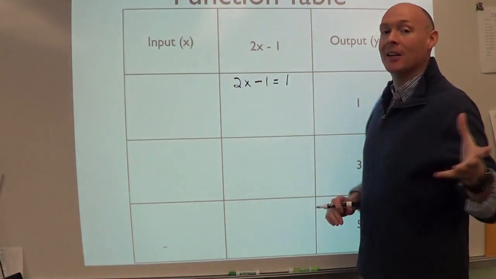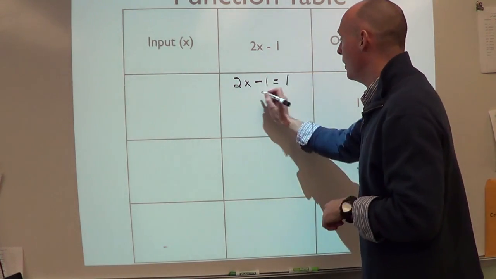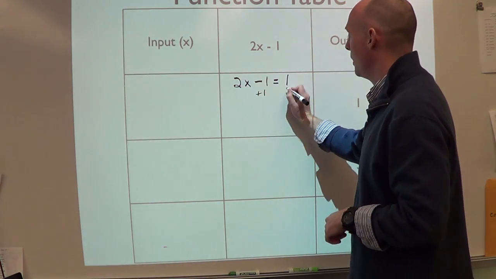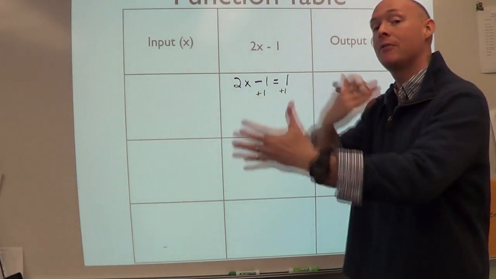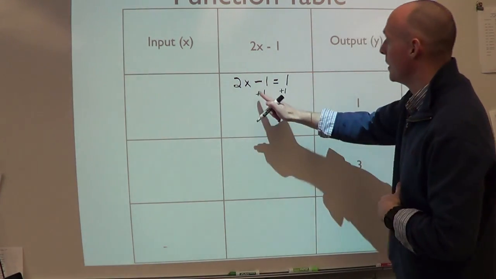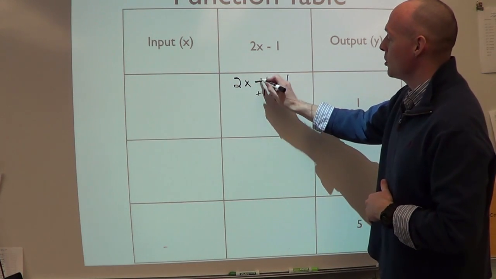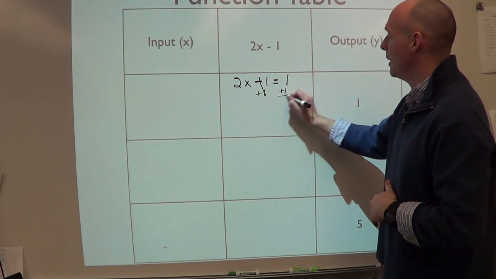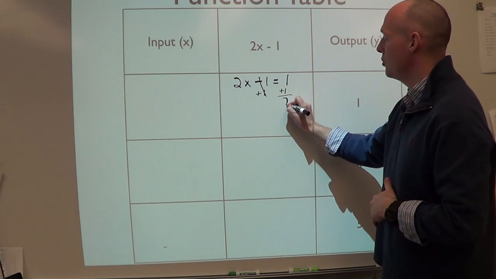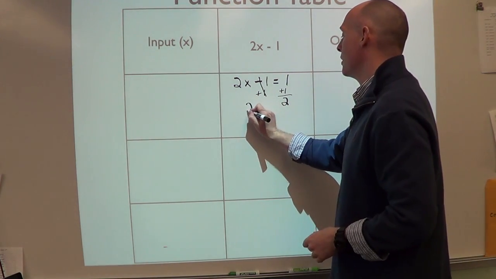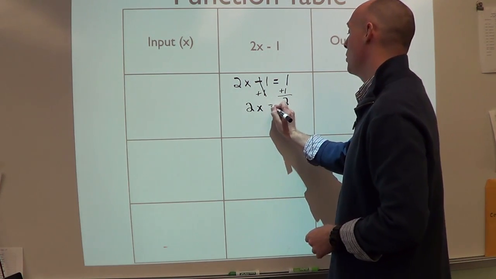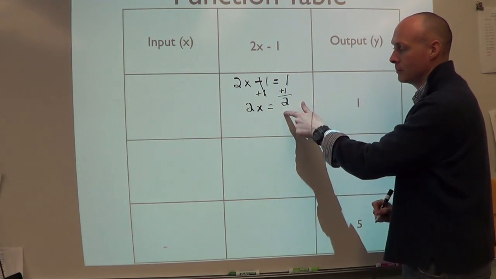To get rid of that minus 1, we have to add 1, plus 1, plus 1. Remember, if we do it to one side of the equal sign, we have to do it to the other side of the equal sign. Minus 1 plus 1, those two will cancel. 1 plus 1 is 2. So we're left with 2x equals 2.